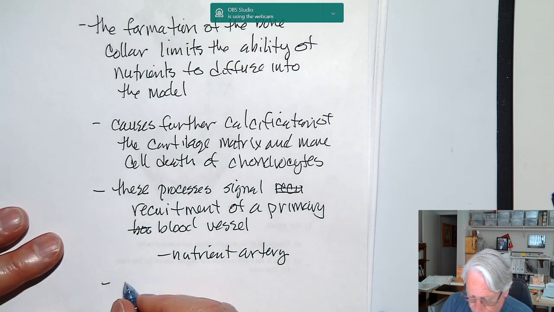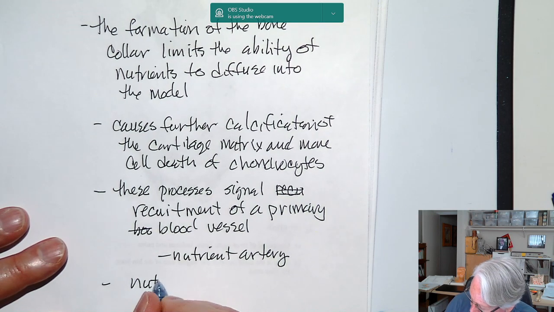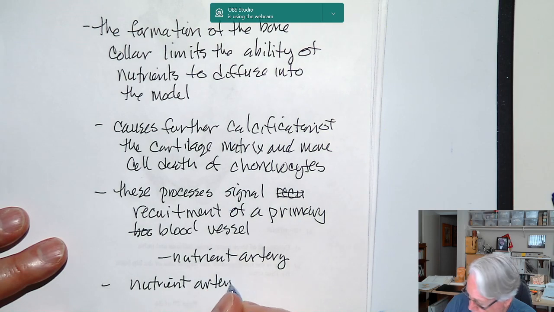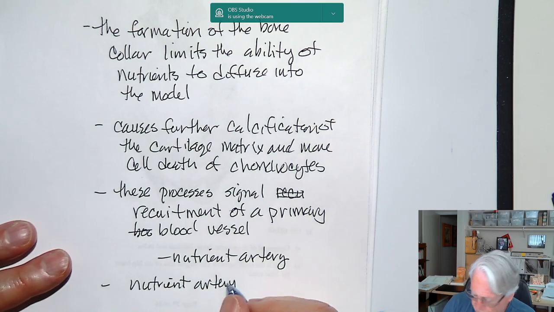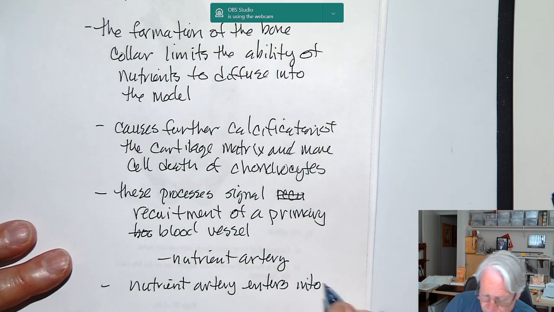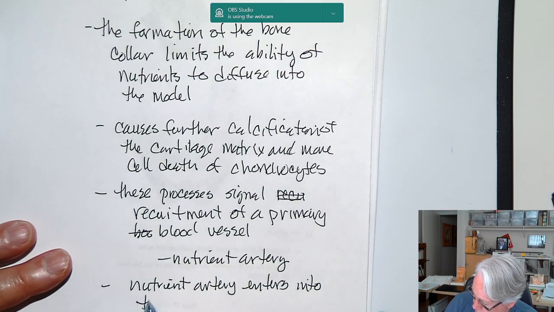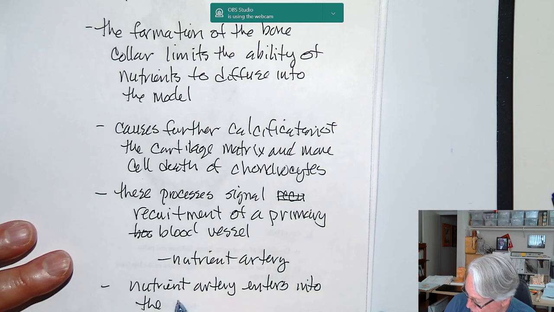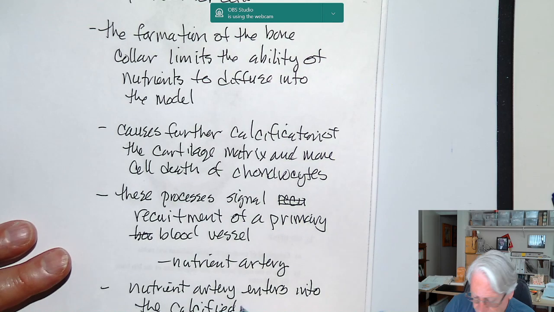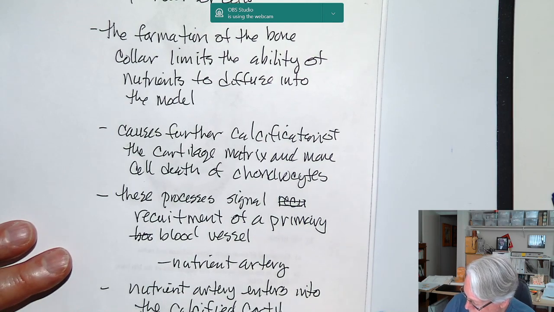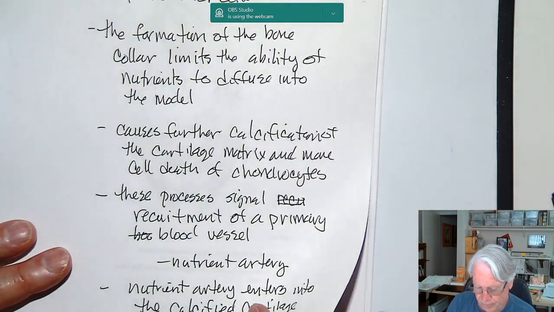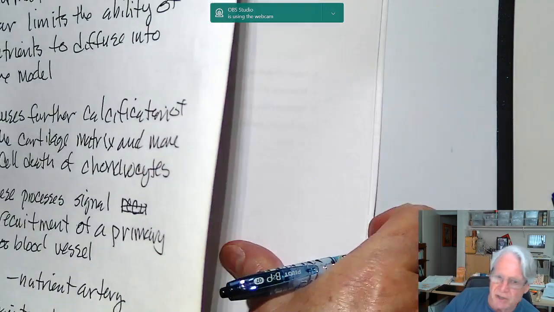And this will enter, so the nutrient artery enters into the calcified cartilage. It grows into that space. Okay.